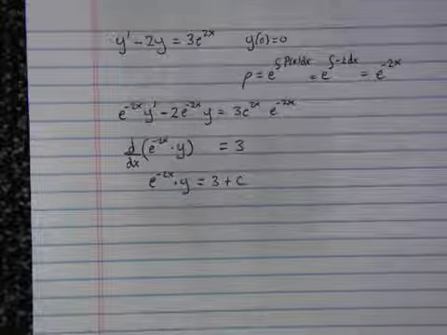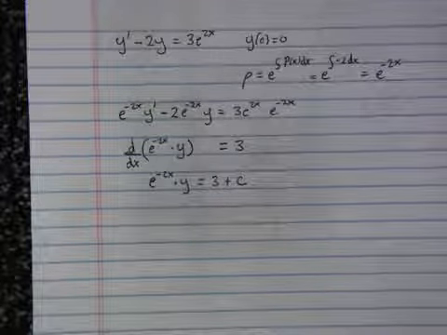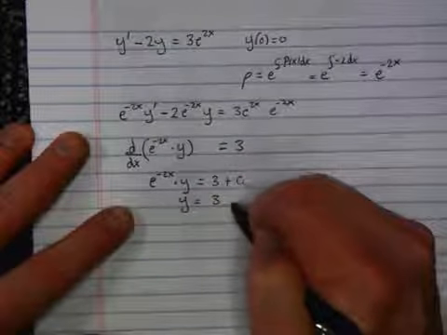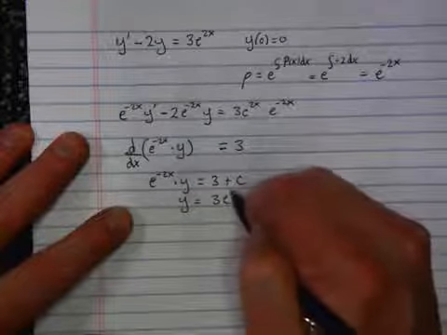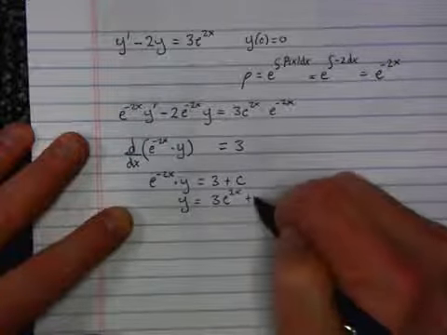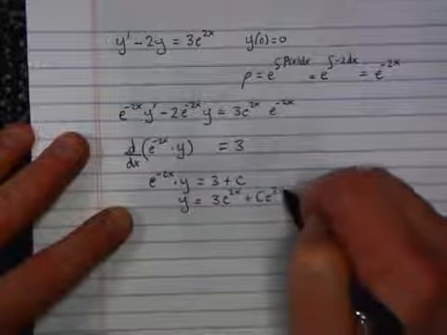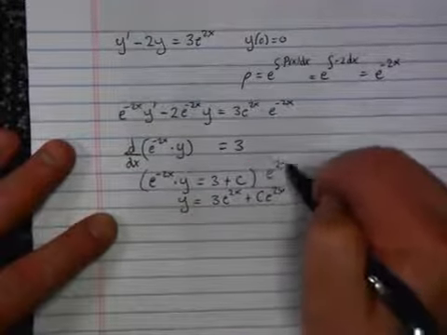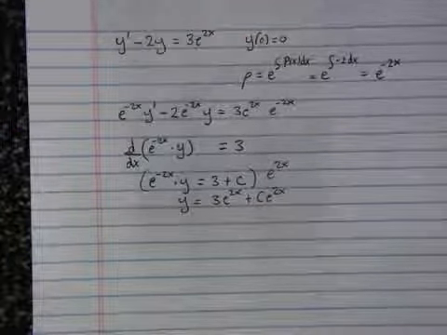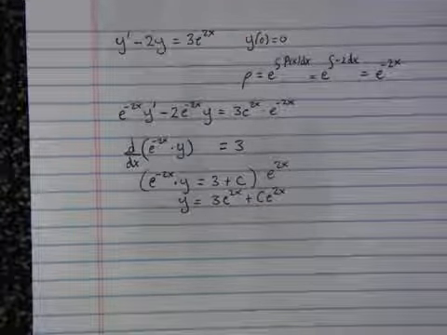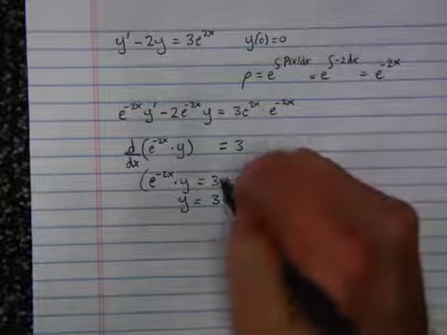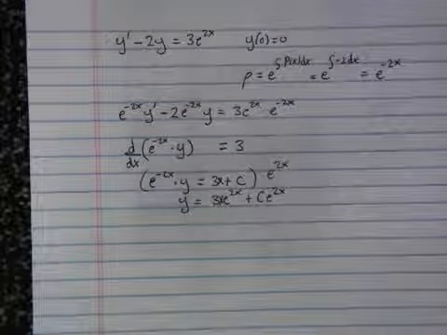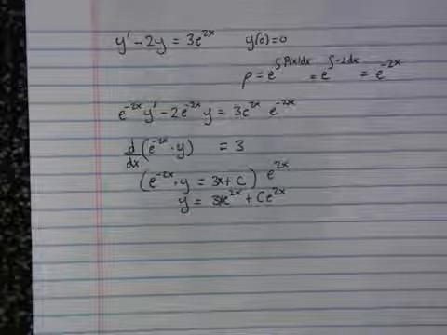And then finally I get y all by itself. y equals 3x e to the 2x plus c e to the 2x, because what I did to get rid of that e to the negative 2x is I multiplied everything by e to the positive 2x. Where did the 3x go? Or shouldn't it be an x? Yeah, 3x plus c. The integral of 3 is 3x, correct. I think I said it and I wrote it wrong.